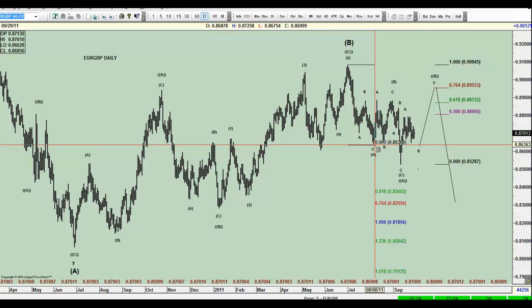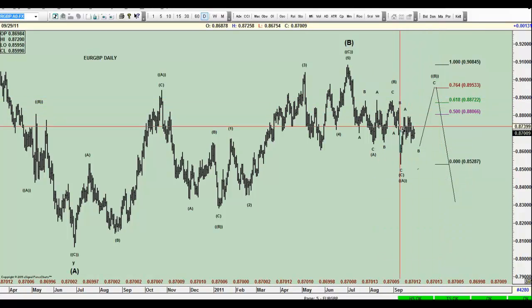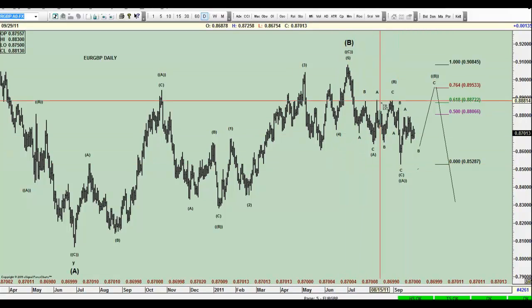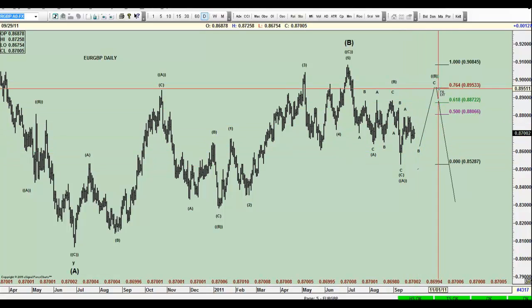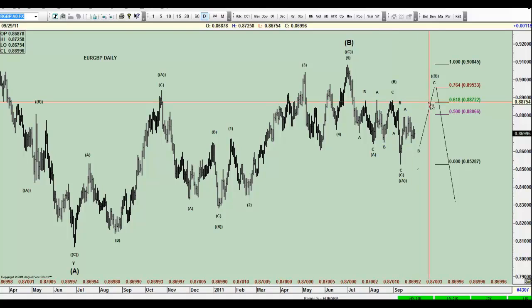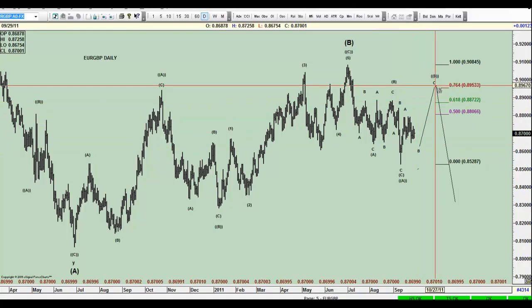If you take a look, you can see that they went to the 76.4 right there. So it's a three-way move to the downside. It's not a 5. So what you're expecting here is A, B, Z to around the 89 area minimum, also providing another move in favor of the dollar.